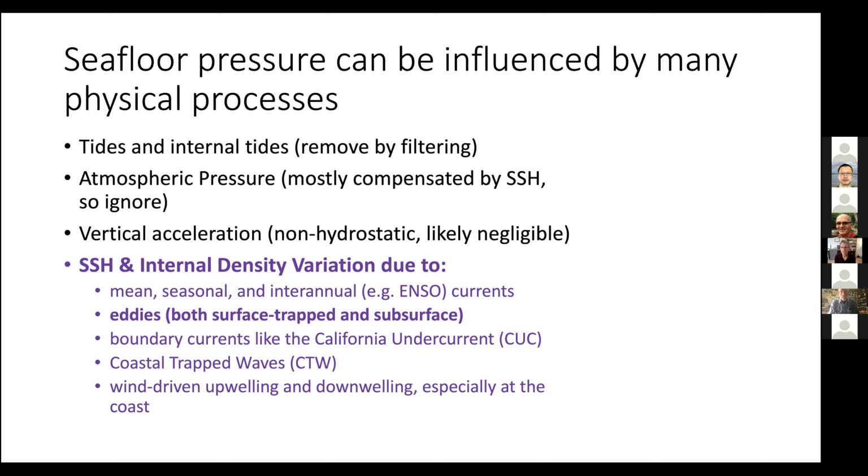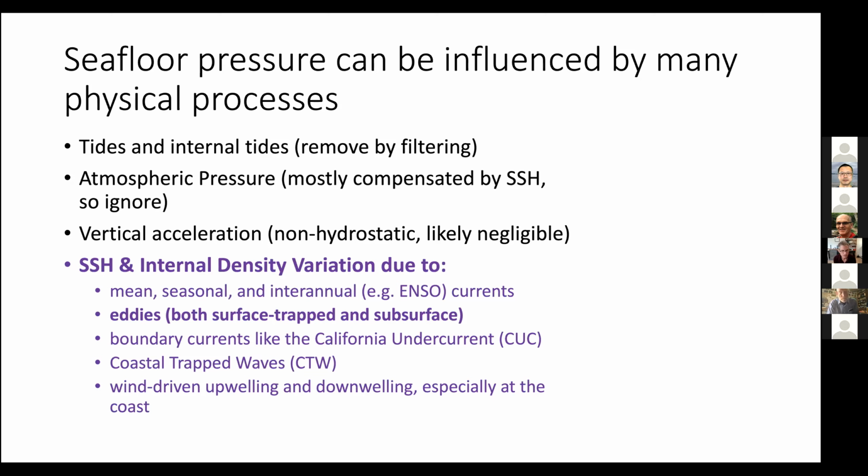As you know, there are lots of things that can influence bottom pressure, and we've seen amazing examples of these in the talks that came before me, which is pretty exciting for me to see come together. In particular, I'm focusing on the parts associated with non-tidal sea surface height variability and the internal density structure.